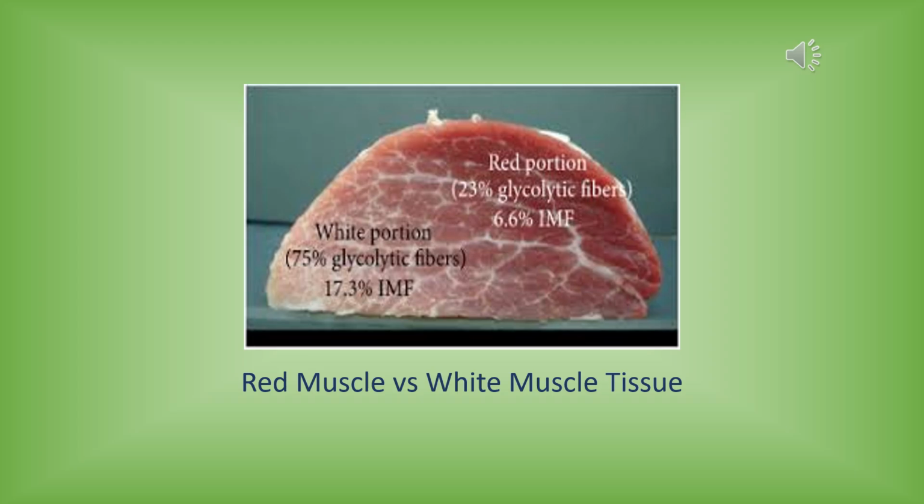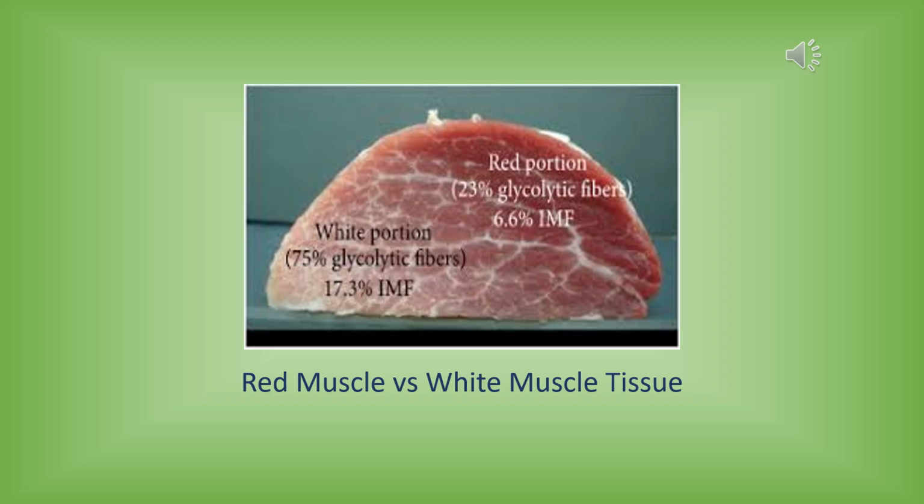Well, the difference between the two is this. Red muscle has many, many sarcomeres, and the actin and myosin filaments are very large and thick. So when you have many sarcomeres and the actin and myosin filaments are very big and robust, then that muscle will generate a lot of strength. So that is short-term, high strength, low endurance.